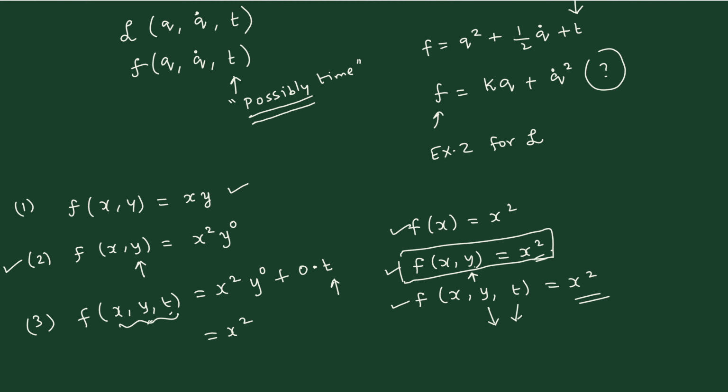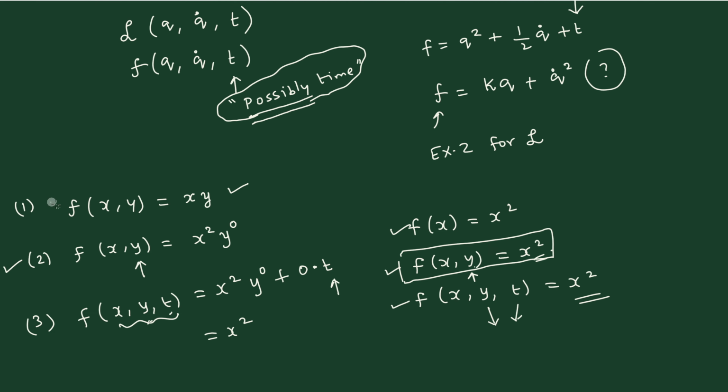And that is exactly what is now required to explain the word possibly time here, because for mechanical systems or dynamical systems, sometimes the equations will explicitly have t, and in many cases t will not be there in the equation. So this is a basic point that you should remember.